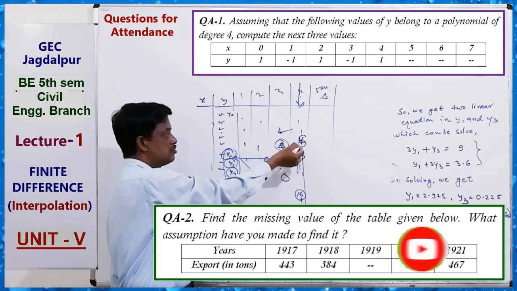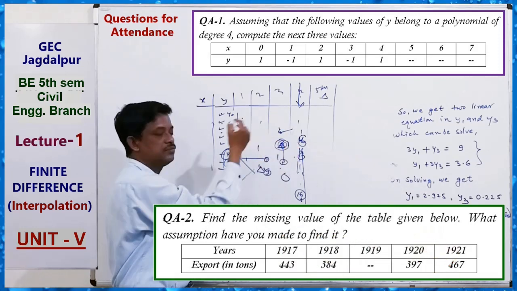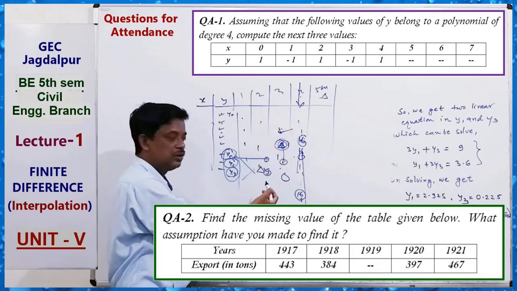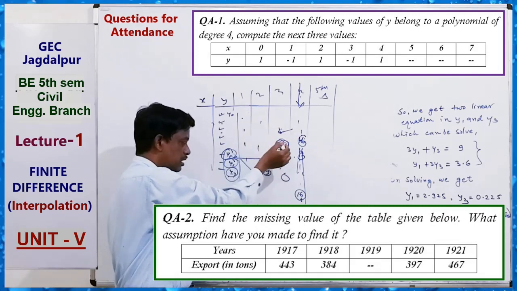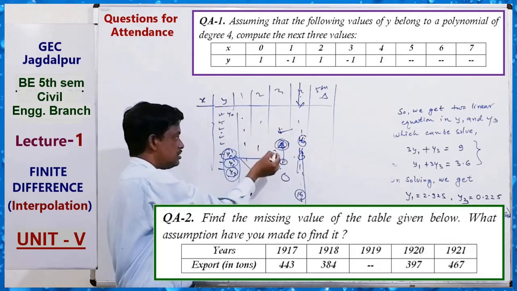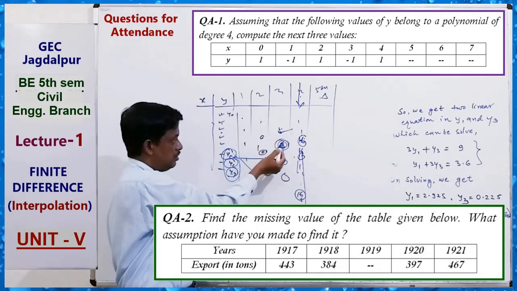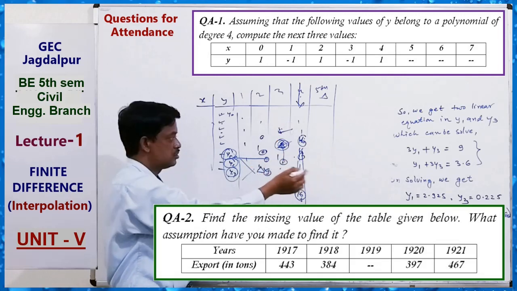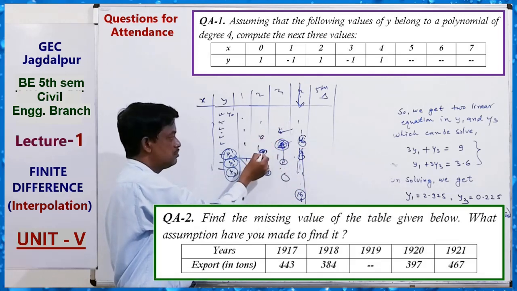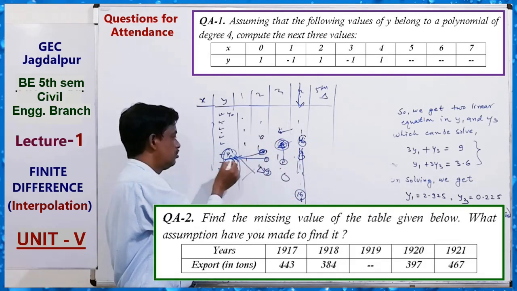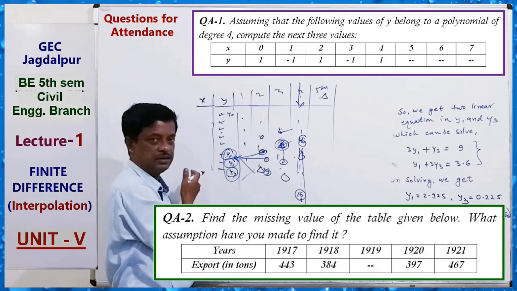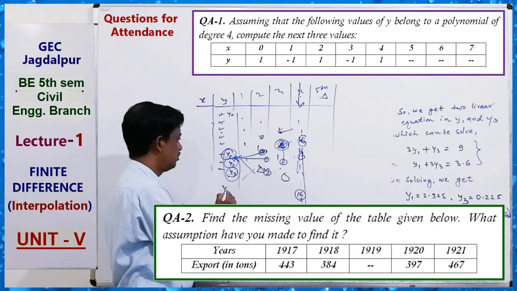So this minus this equals this, and you can find its value because both are known. Then you can go up to finding the differences, and finally you can get y5, y6, y7.